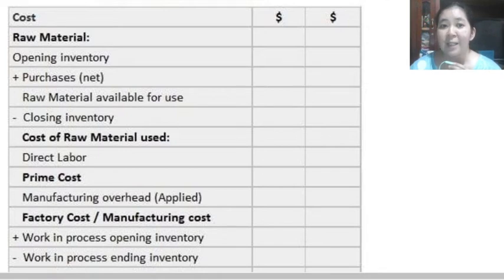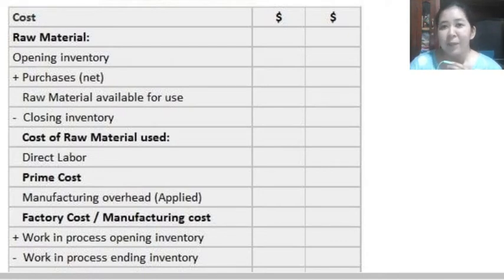So this is deducted to determine the amount of raw materials that we used during the present accounting period. That's how we compute the cost of raw materials used: from all the available raw materials, we deduct what is left. Therefore, the difference is what we used in production.